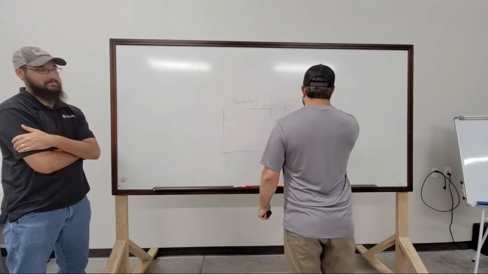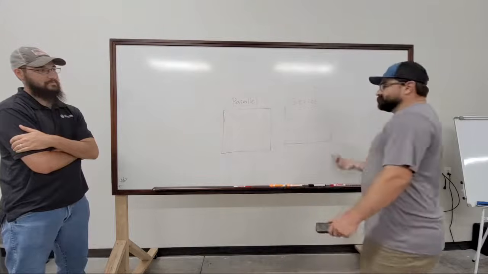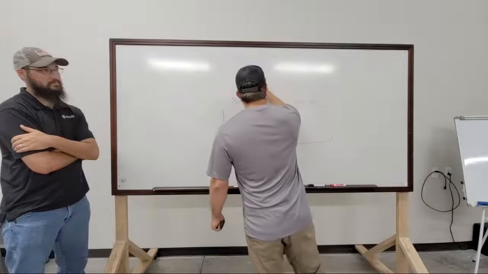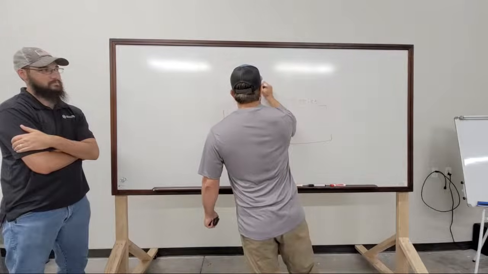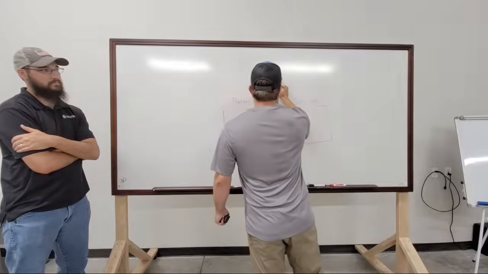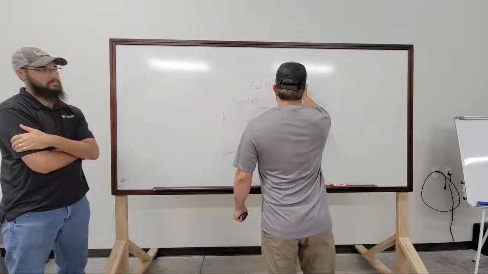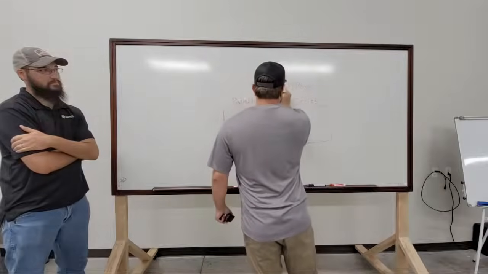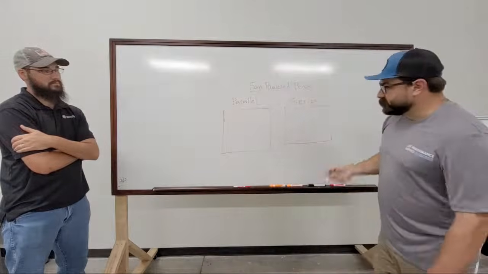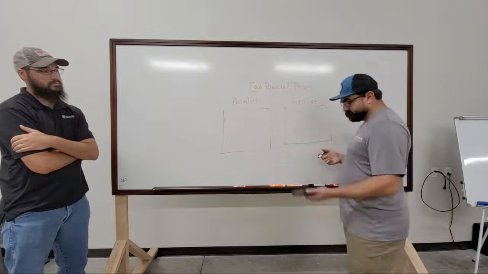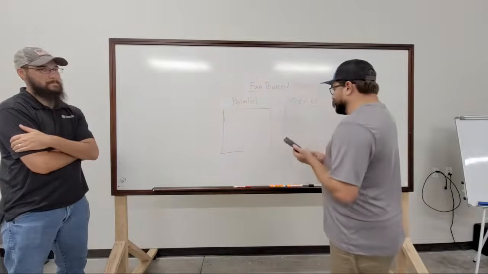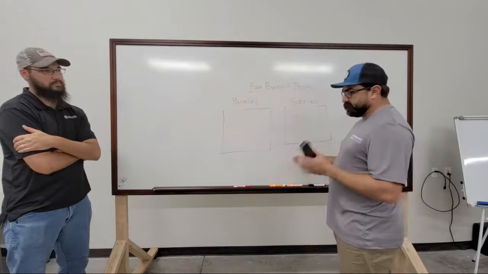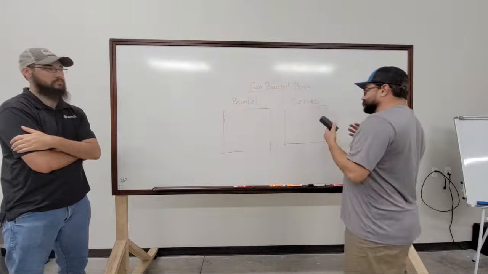Yeah. All right. So there are two types of fan power boxes, parallel and series. The easiest way to think of this is the damper and the fan either run in parallel or they run in series.